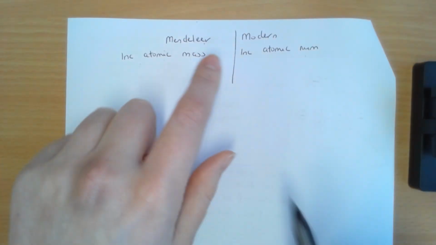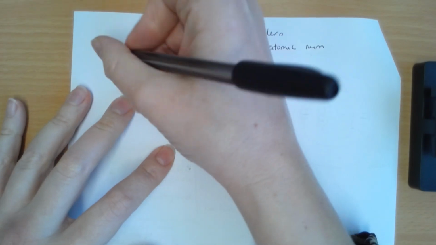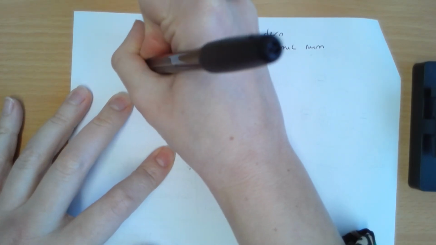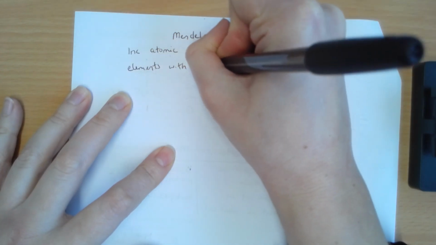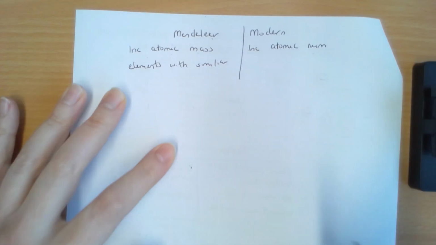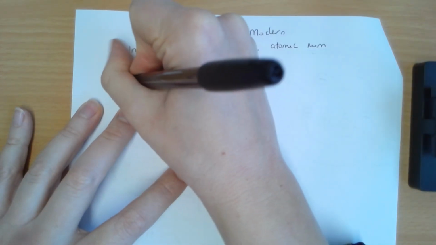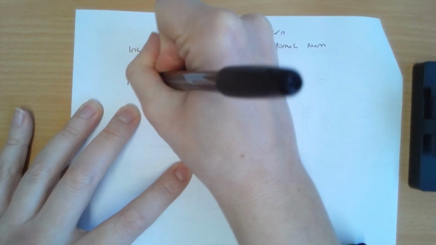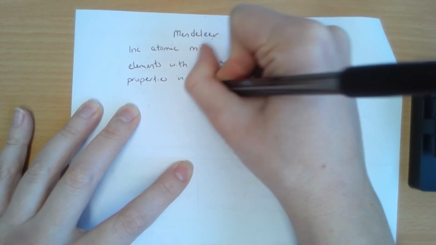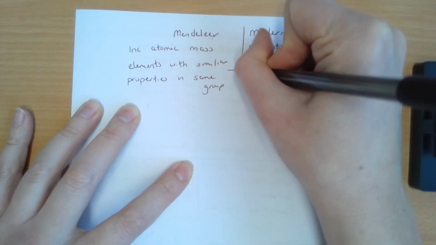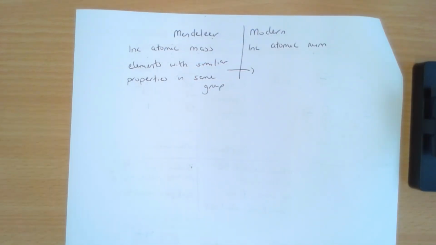In both cases, whether it was Mendeleev or the modern, you've got elements with similar properties. So in terms of how they react and what they look like and all the rest of it, elements with similar properties are in the same group. And you can write that for the Mendeleev and the modern.